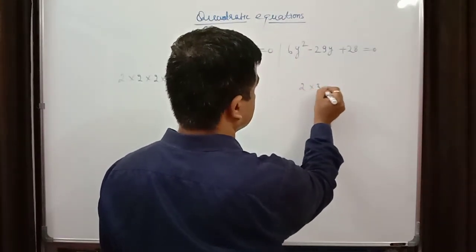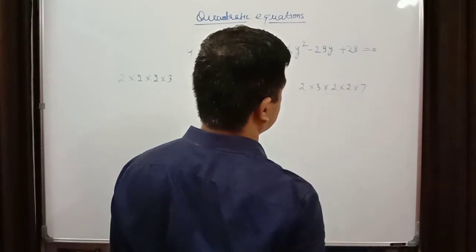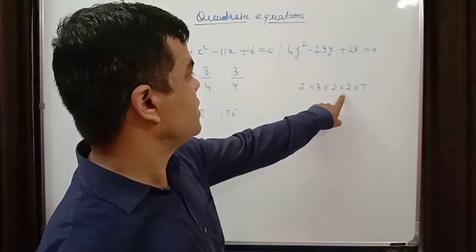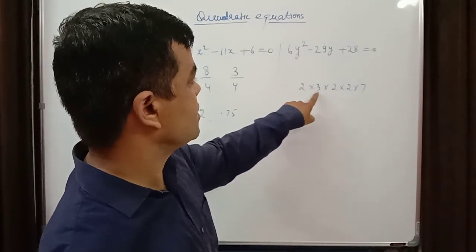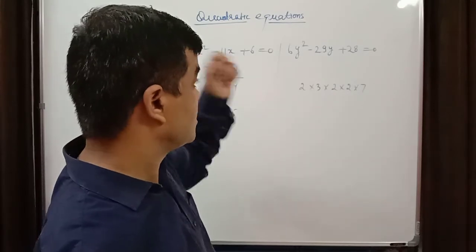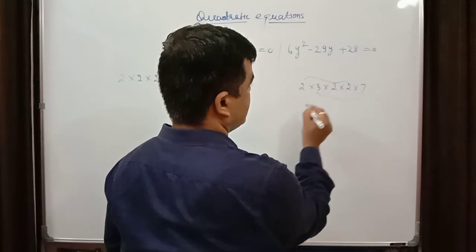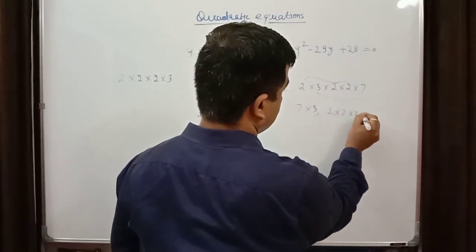2 3 ja 6, 2 2 ja 4, 7 ja 28. Okay. Make it 29. 7 3 ja 21 and 8. 7 3 ja 21, 2 2 ja 2, it will be 8.